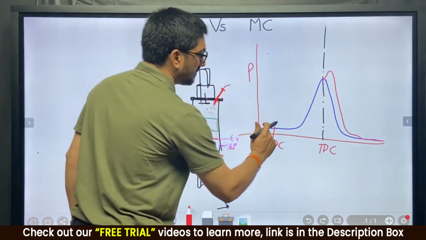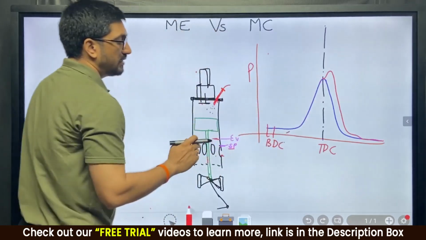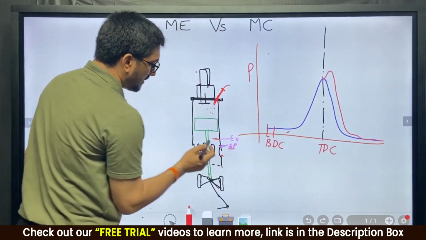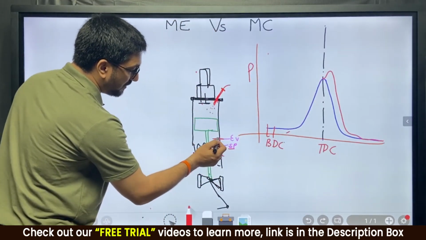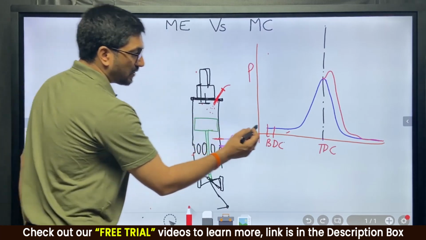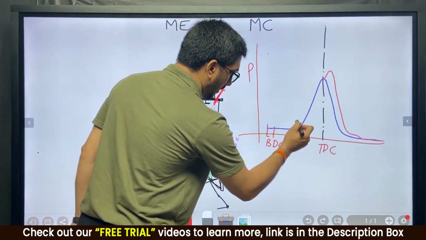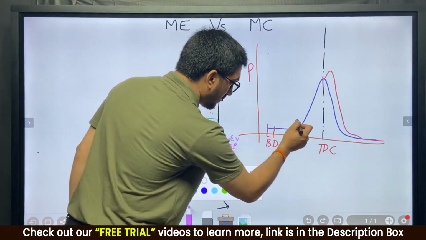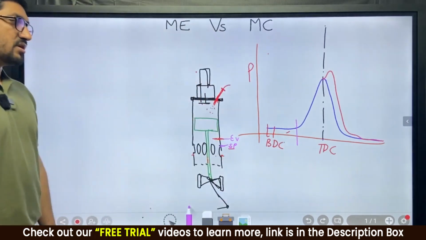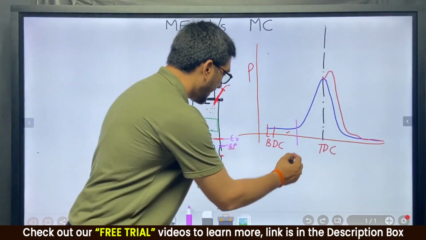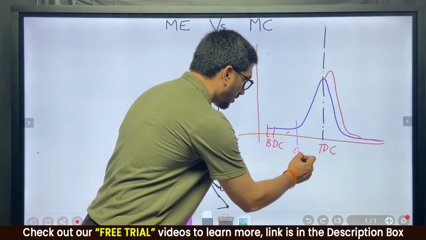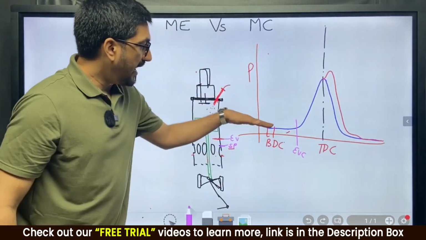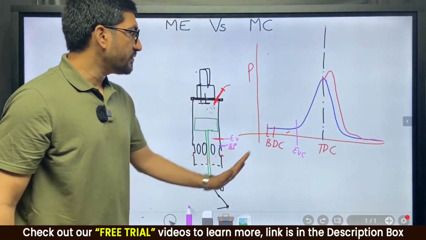Here you can see the pressure is initially stable, but the moment the exhaust valve closes, the chamber is closed, and at this very point pressurization starts to happen. This is where the exhaust valve closes and the pressure will start to rise.